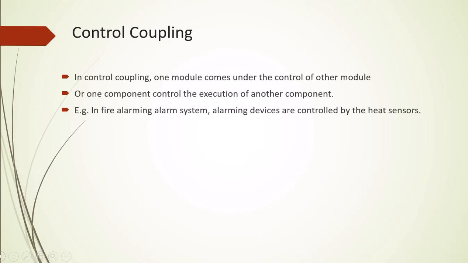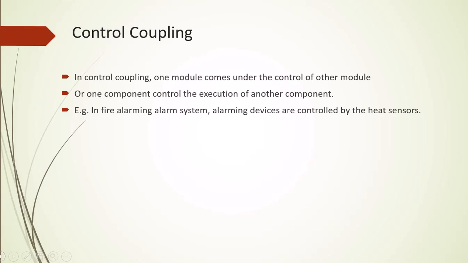Similarly, we can take many examples like a printer under the control of a computer PC, robotics systems, all the output devices waiting for the sensors, etc. We can also take the example of hardware such as a processor controlling input output devices such as RAM, keyboard, etc. So these are also examples of control coupling.